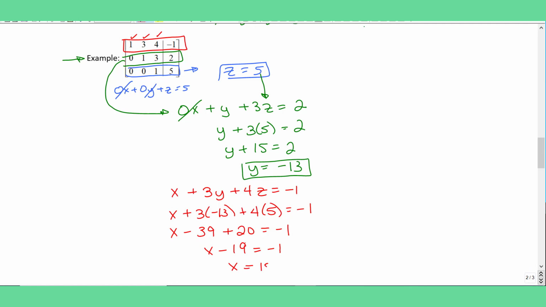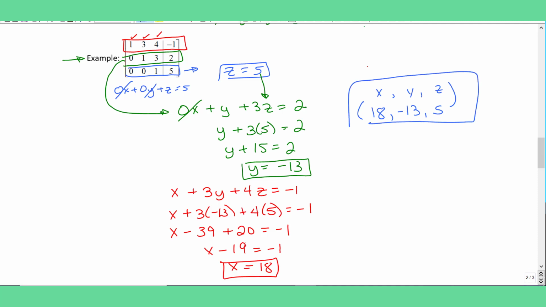We add 19 to both sides, and we get 18. So our ordered triplet, remember x, y, and z, would be 18, negative 13, and 5. So one of the questions on the next test will be, take this matrix and use back substitution to solve for x, y, and z.